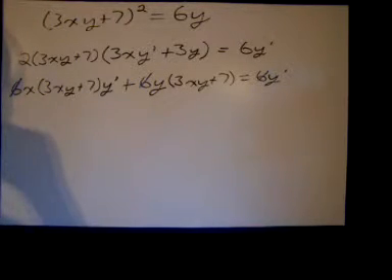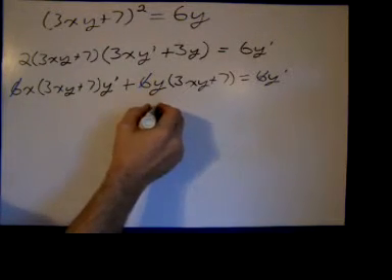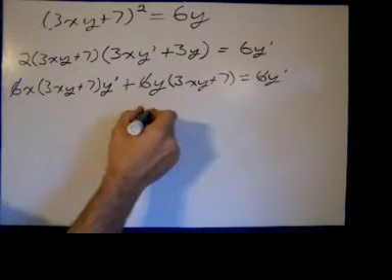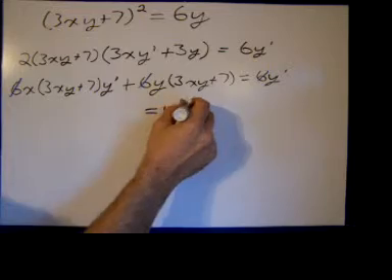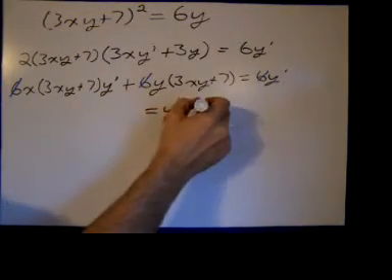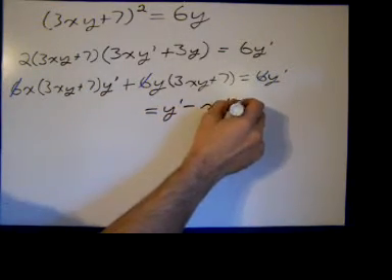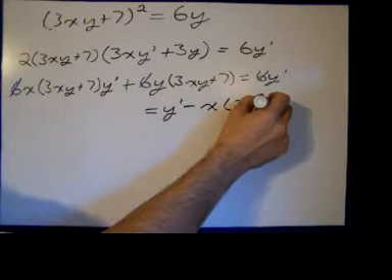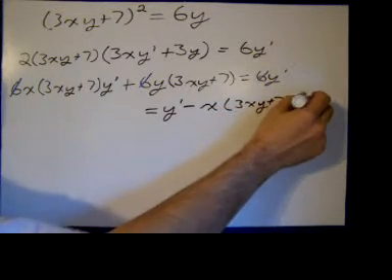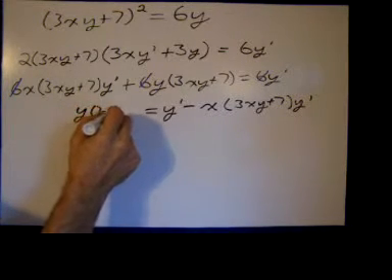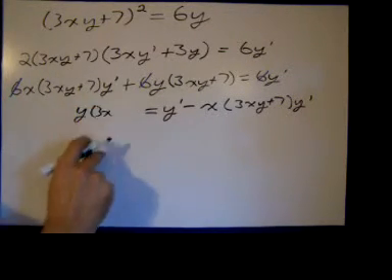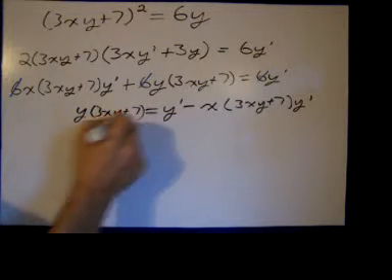So now I'm going to get my y primes on one side of the equal sign. I'm going to move them to that side because I already have a positive y prime. So I'm going to have y prime minus this expression right here, which is x times 3xy plus 7 times y prime, and that'll leave y times 3xy plus 7 on this side.